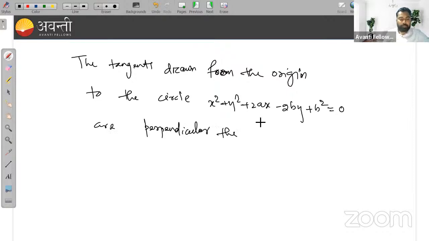Then find the value of a square plus b minus b square. This is a question for you as your homework.